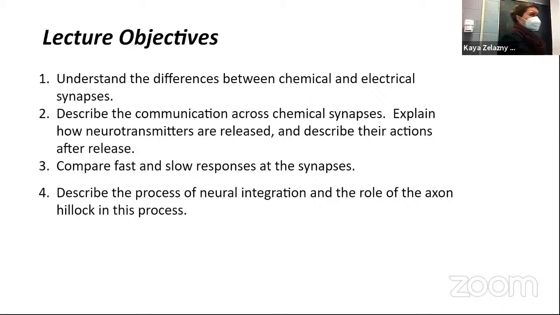We'll see that there are two. There are chemical and electrical synapses. We'll talk about the different steps, specifically of chemical synapses. So it'll be important to know that electrical synapses exist. But when we start saying synapses do this, synapses do that, we're really going to be talking about the chemical ones. We'll talk about speed happening at synapses.